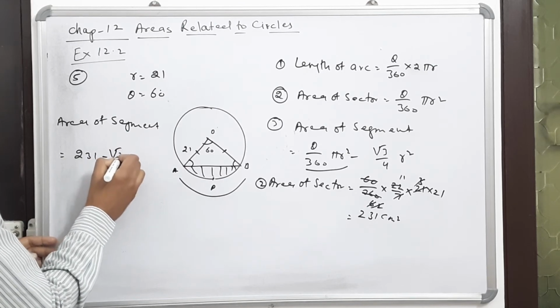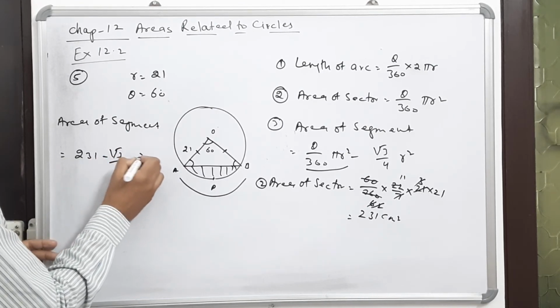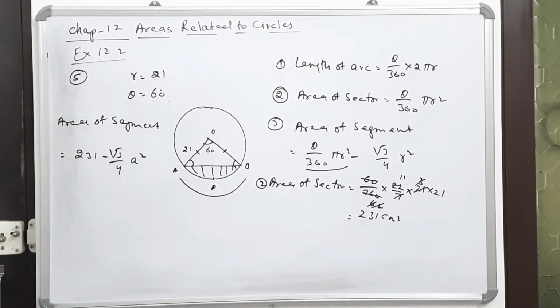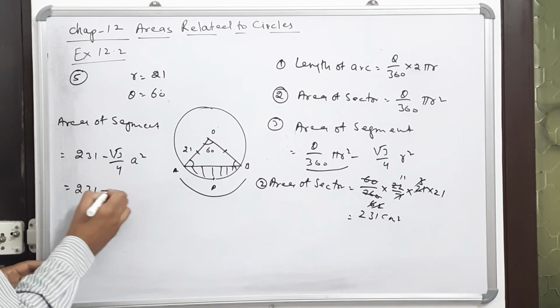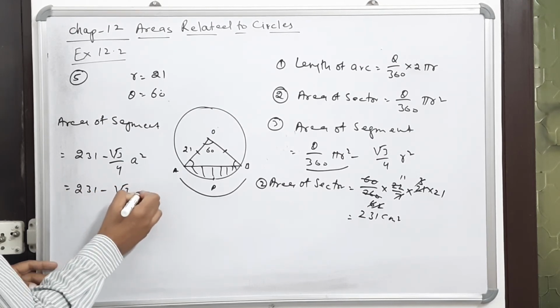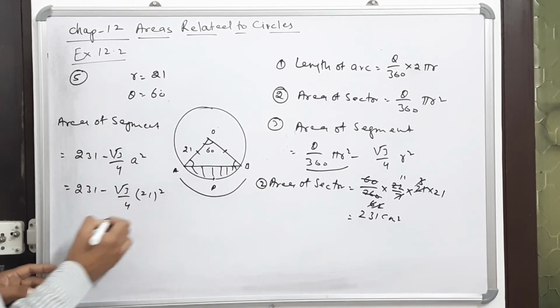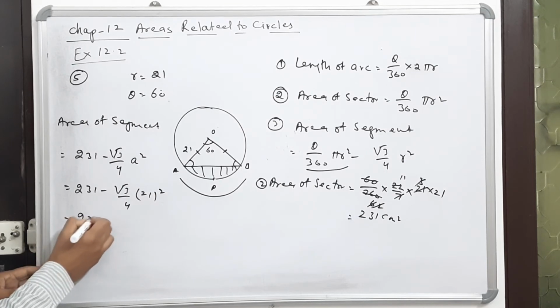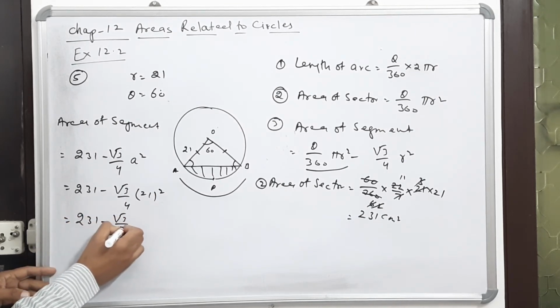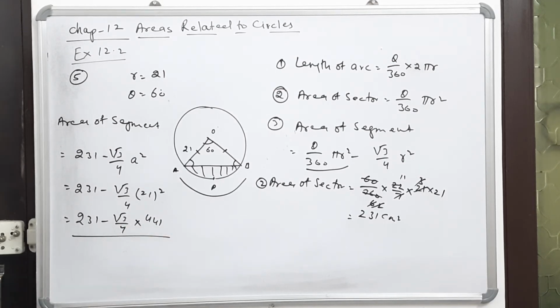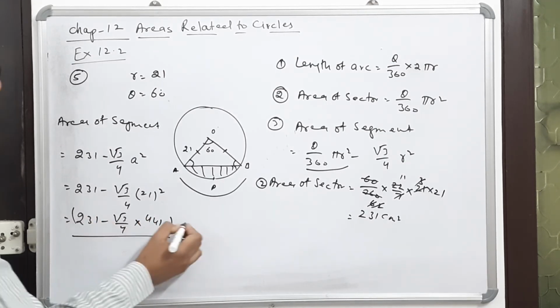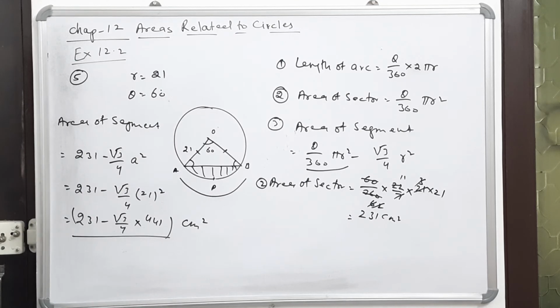So we can directly apply the formula of root 3 upon 4 a square, that is equilateral triangle. And here what is the a here? The value of a is 21. So the answer is 231 minus root 3 by 4 into 441. This is the answer and this will be in centimeter square.